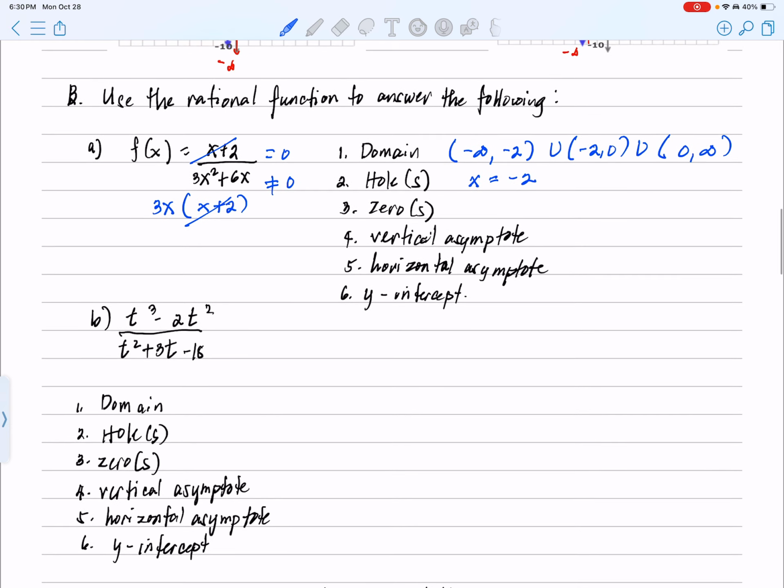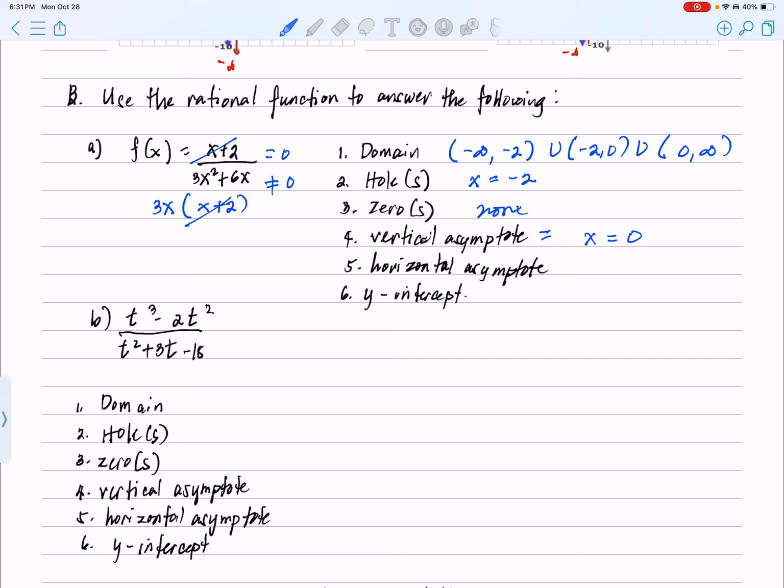What are our zeros there? 3x equals 0 means there are no zeros. None. Vertical asymptote: 3x equals 0, so x is 0.